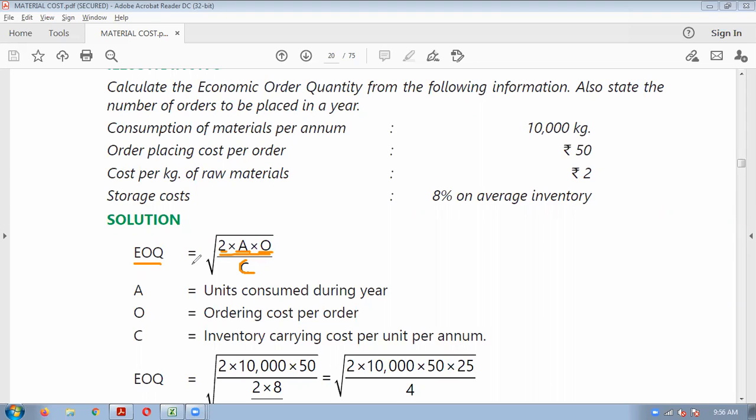EOQ is equal to square root of 2 into A into O divided by C. A is the annual demand, units consumed during the year, which is 10,000. O is the ordering cost per order, 50. And C is the carrying cost per unit per annum.